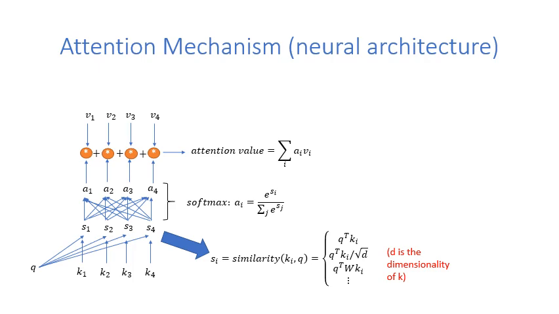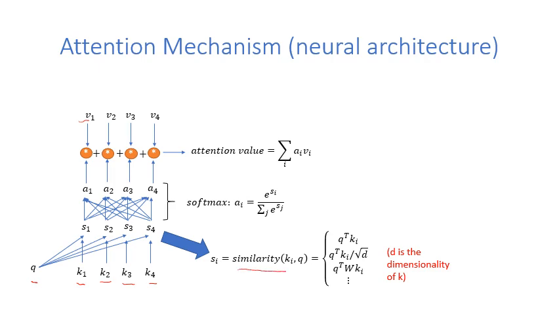Attention mechanism, as we learned in the previous video, in its general form, we have three quantities: Q, which is query, key, and value. The way that it works is that we have a query and we compare our query with all keys using a similarity measure.